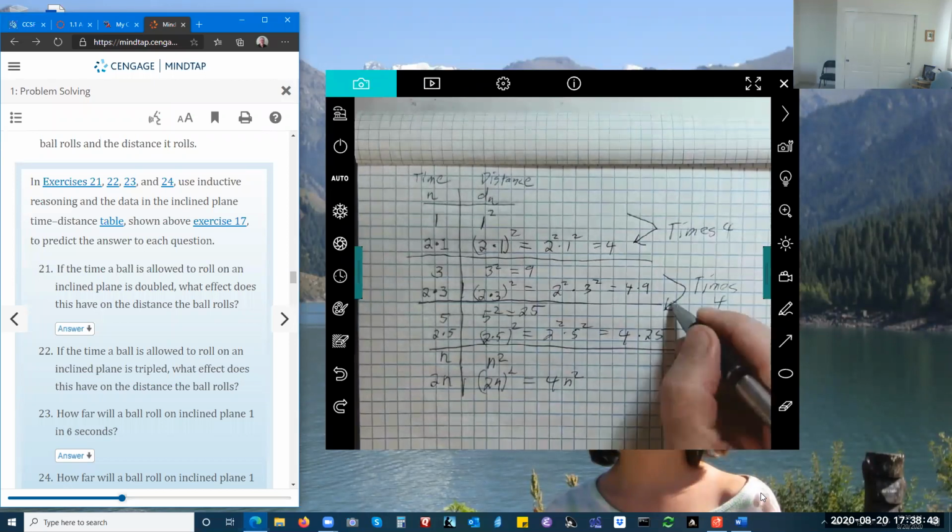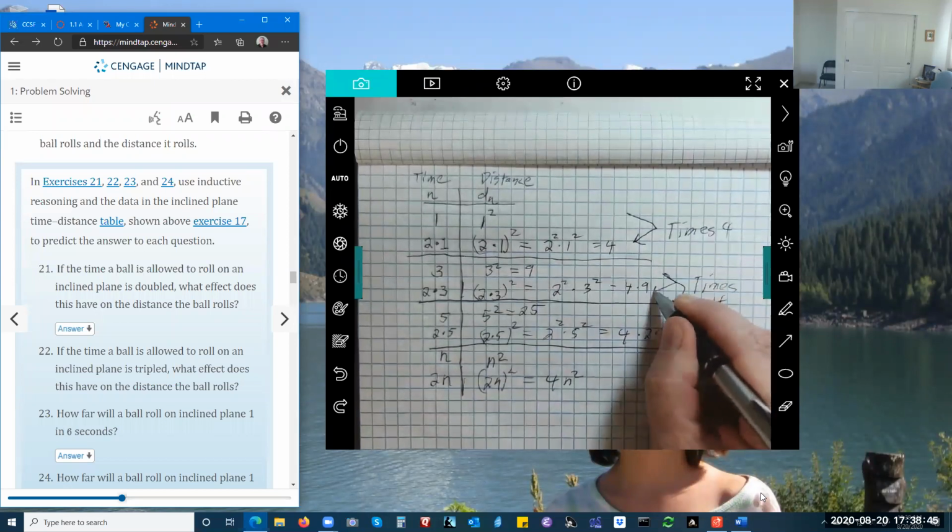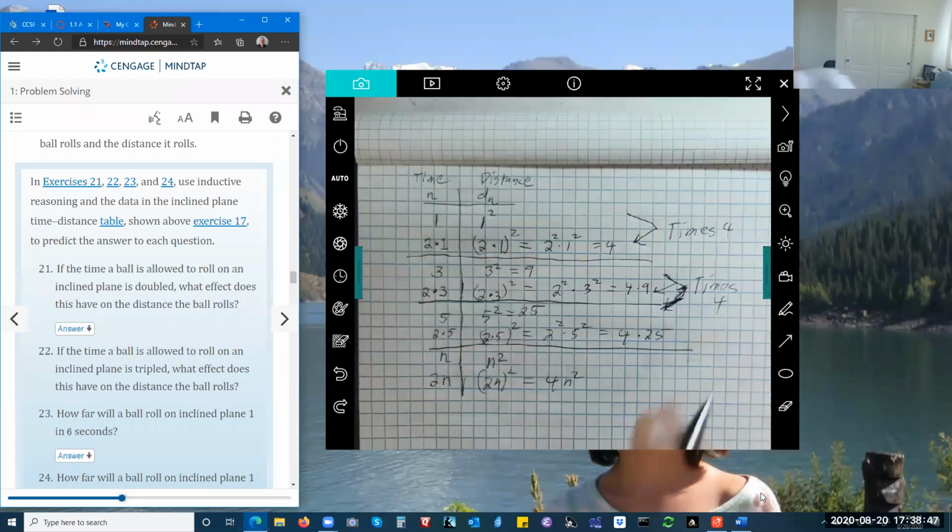Okay. Now, so this was a chart for doubling the time. Now let's do tripling.